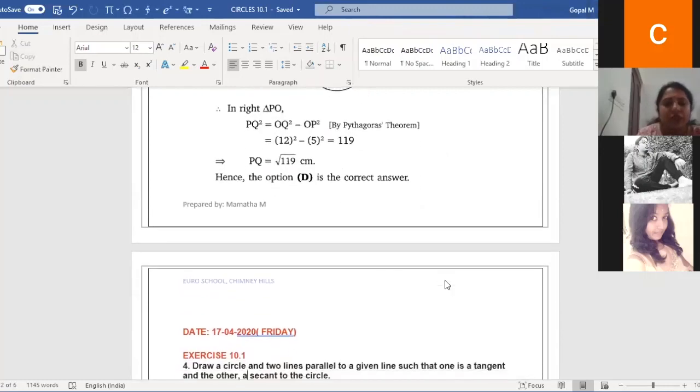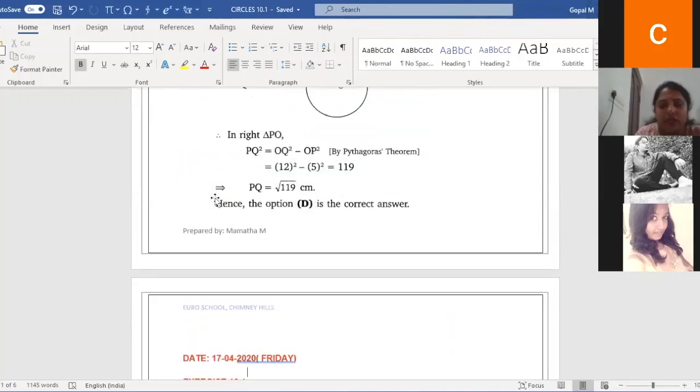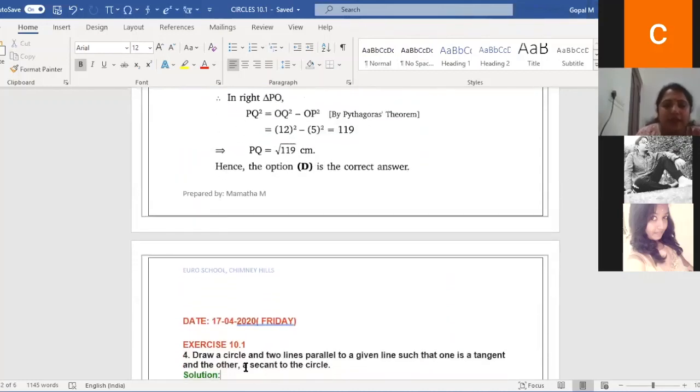Next, today we'll move on to the next one. Exercise 10.1, fourth sum. Am I clear, children? In this exercise 10.1, only four sums are there. So just read the question. Draw a circle. Children, for any radius, you need to draw a circle.